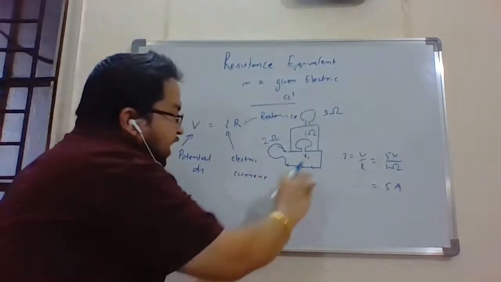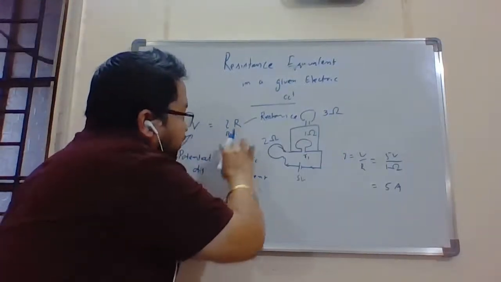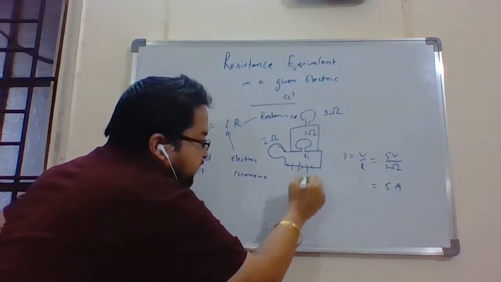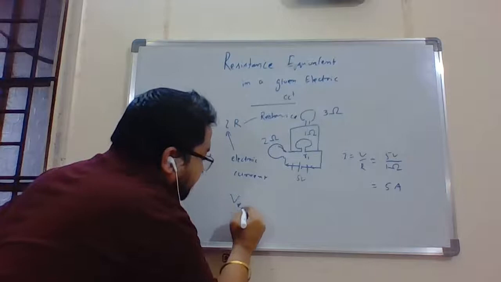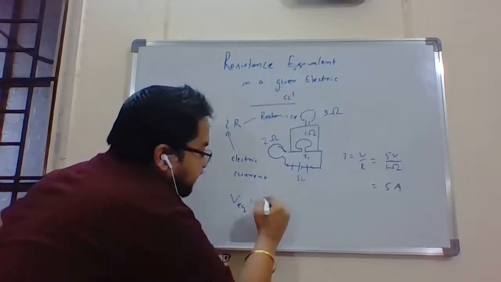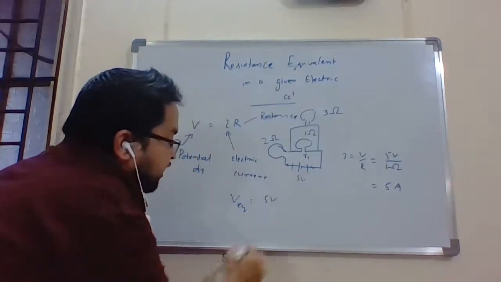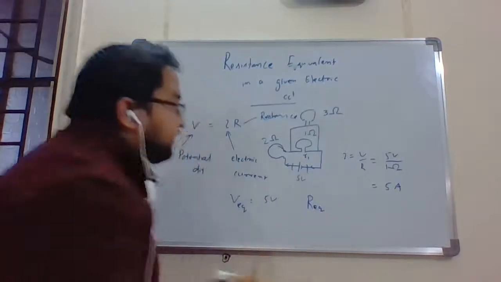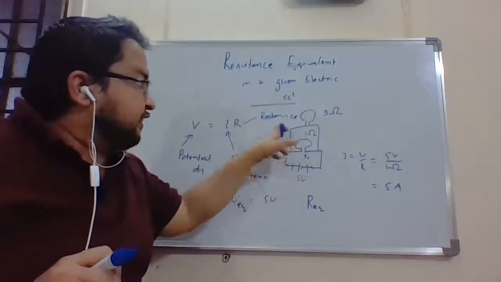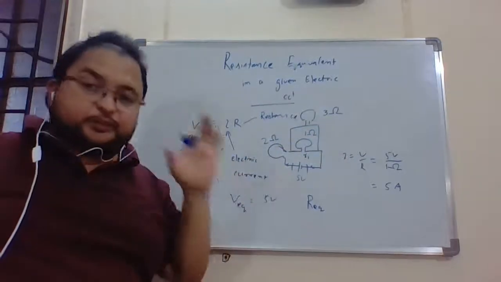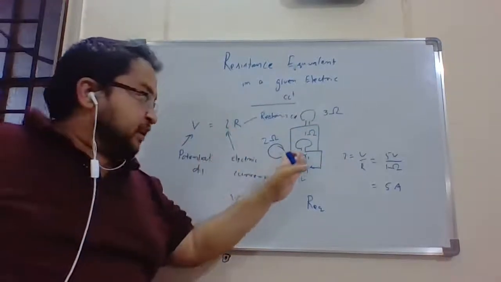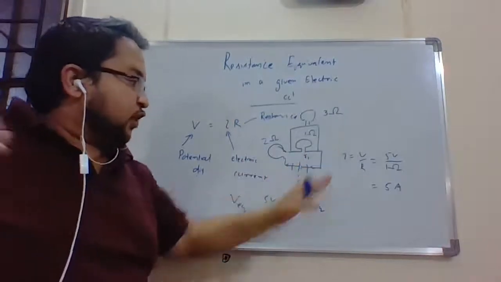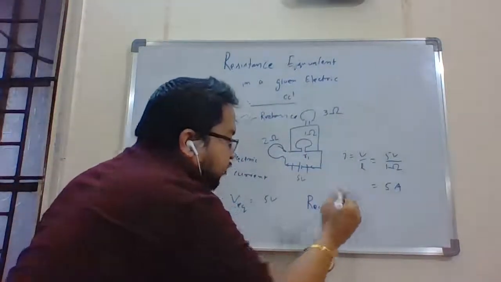In this scenario, if I were to apply Ohm's law V equals IR, the total potential difference, the equivalent potential difference, is 5 volt. But what I don't know is the equivalent resistance of these three devices, which are arranged in a particular spatial arrangement. This part we don't know.